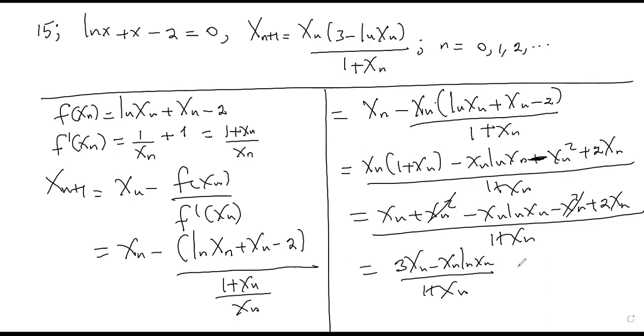So this is the same as x_n into, when you factorize out x_n, you're remaining with 3 minus ln x_n over 1 plus x_n. I want to assure you that within no minutes we have scored 4 marks. Within no minute, you've scored 4 marks.